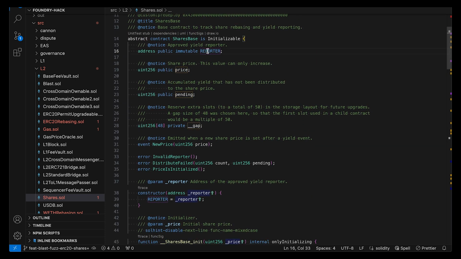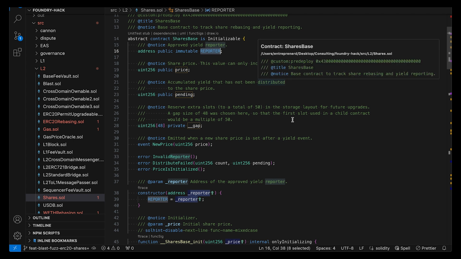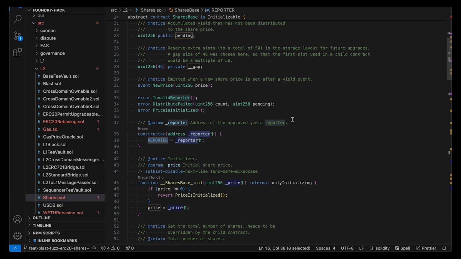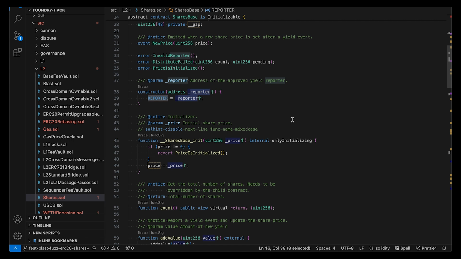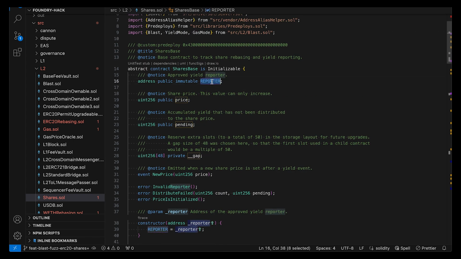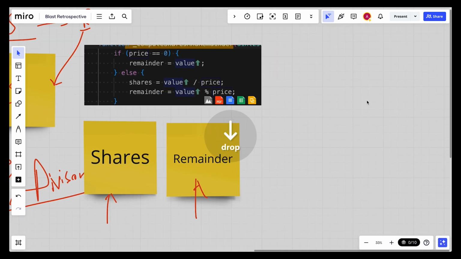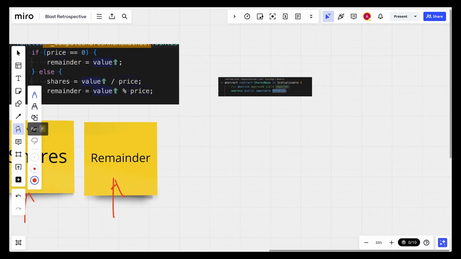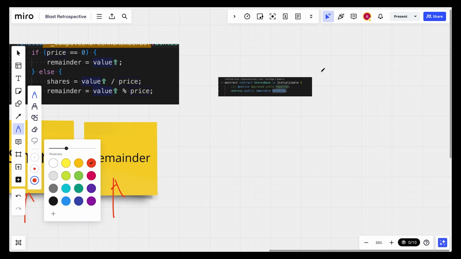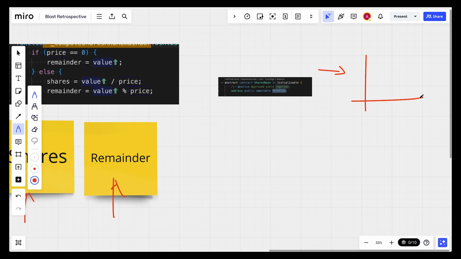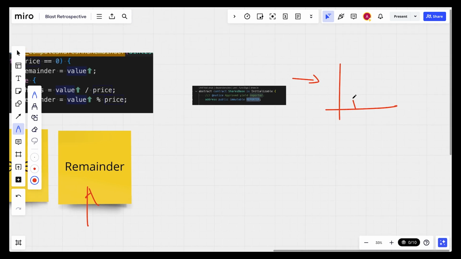So first of all, we have a reporter, which means that only a specific address is able to make the yield change. But that also means that a yield report or a yield increase is actually a binary event, or a jump event, in the sense that once a reporter is ready to report, then we can expect in some way that our PPFS will go from a value to another value.